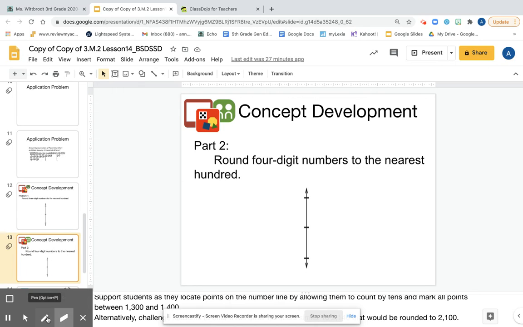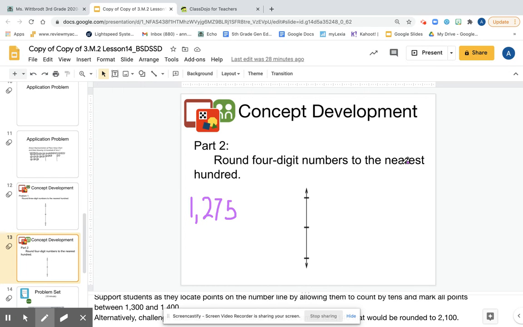I'm going to use the number 1,275. So let's read this number together. I can read this as 1,275.